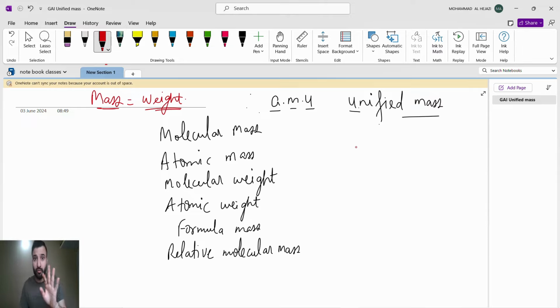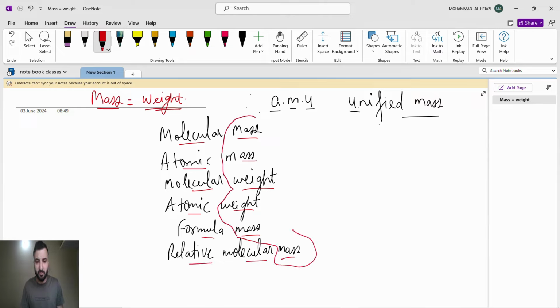Now very important thing, guys. Any mass, either molecular mass or atomic mass, molecular weight, atomic weight, formula mass, relative molecular mass, if it is just mass or weight, of anyone, like hydrogen mass, sodium mass, calcium mass, potassium mass, H2O mass, carbon dioxide CO2 mass, hydrochloric acid HCl mass, whatever.